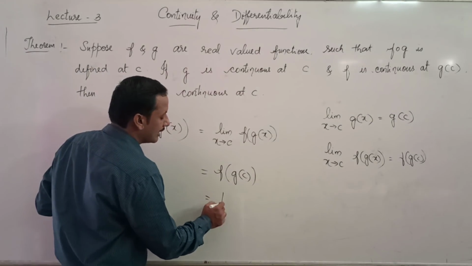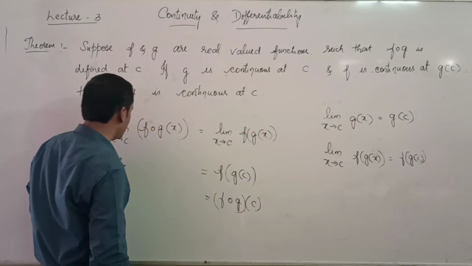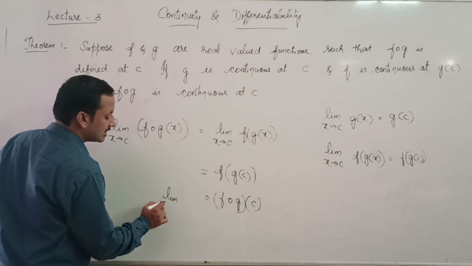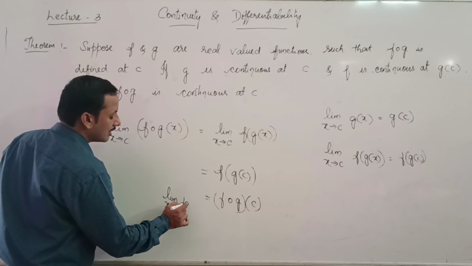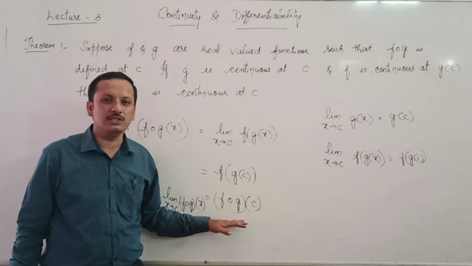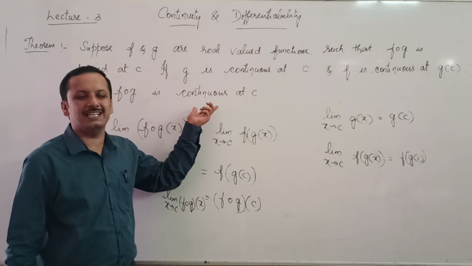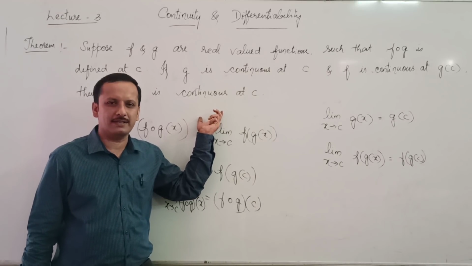Further I can write this as f circle g of c. So limit x tends to c of f circle g of x is equal to f circle g of c. So we can say that f circle g is continuous at c.